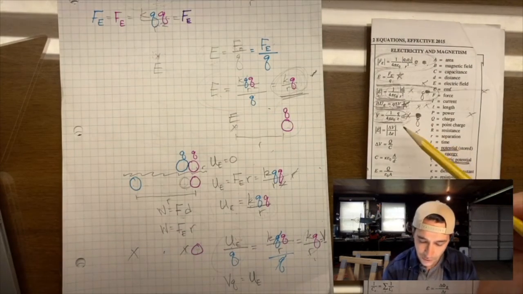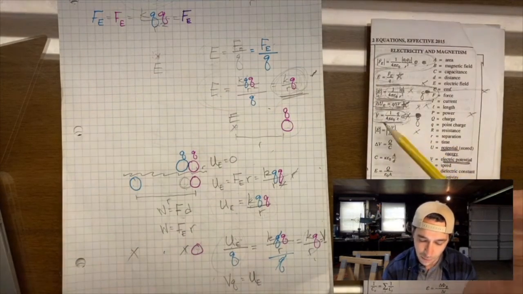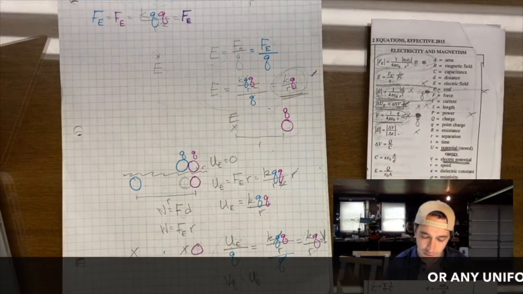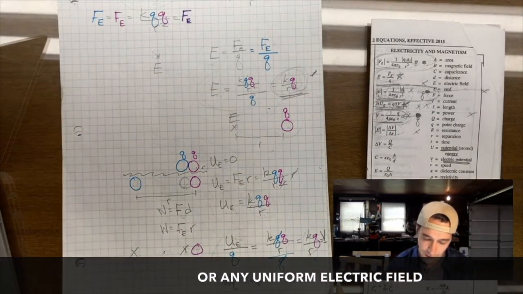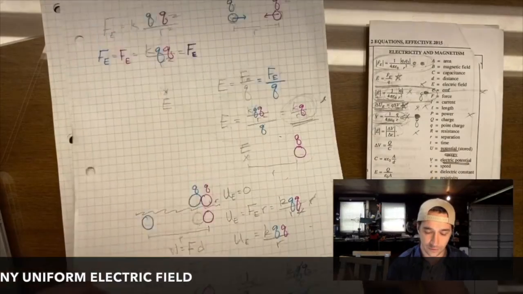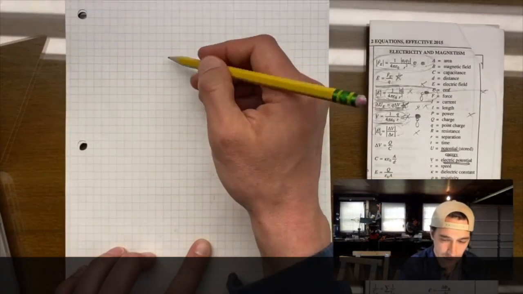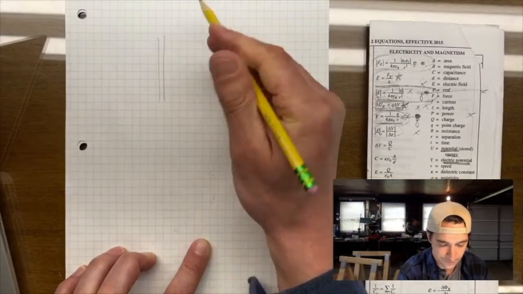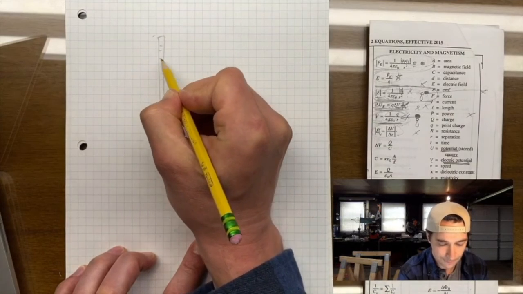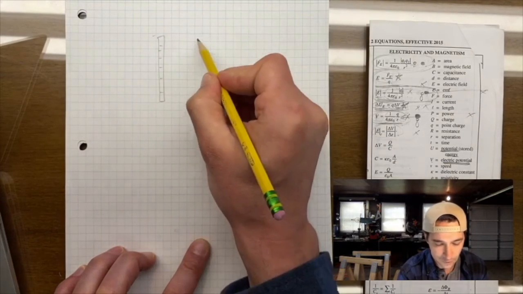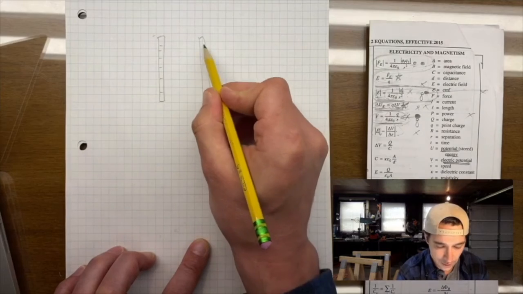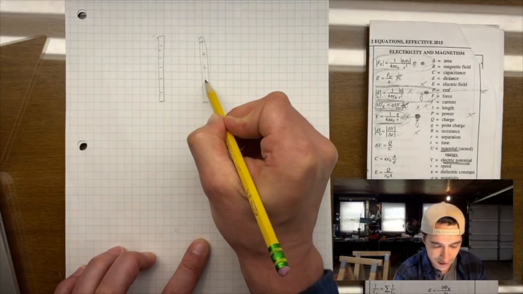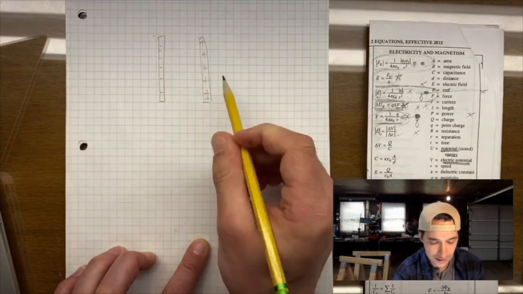And this last equation is mostly used when we're talking about parallel plates. If we have some negative plate with a positive plate next to it, we know that the electric field strength everywhere within here is constant.